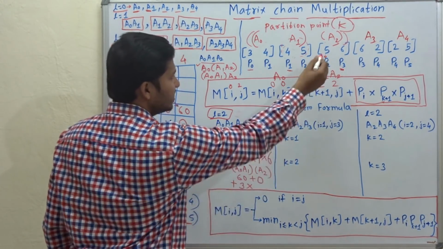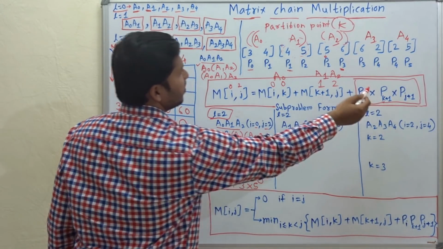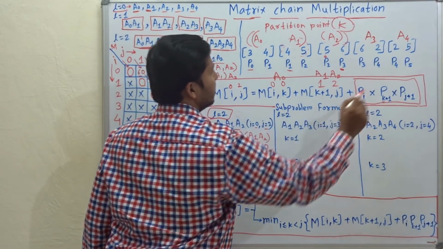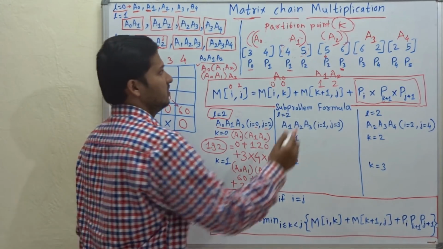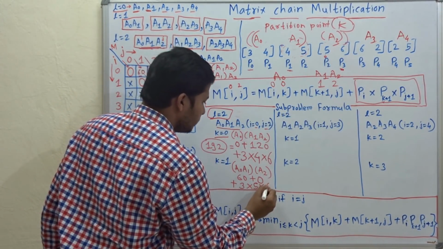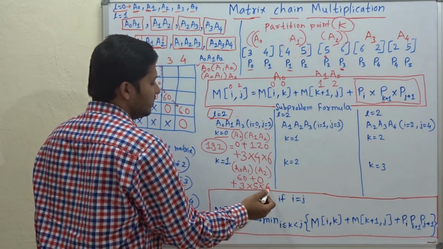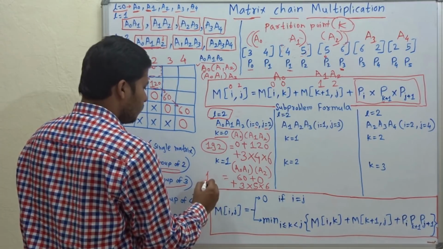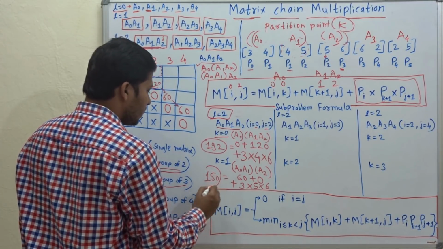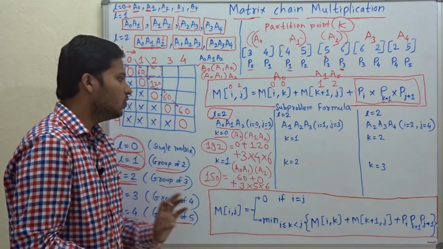That is P2, that is 5. And Pj plus 1 is the last dimension in the group. What is the last dimension? That is 6. 3 into 5 into 6 means 90. So 90 plus 60 is 150. So 150 is the total cost for k equal to 1.